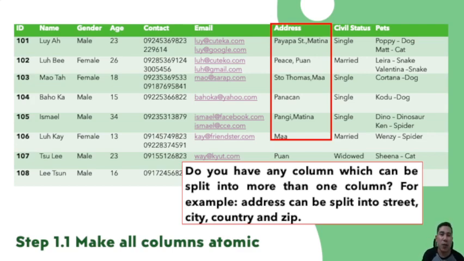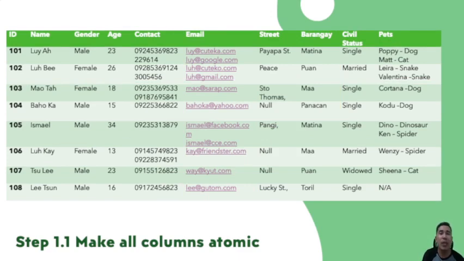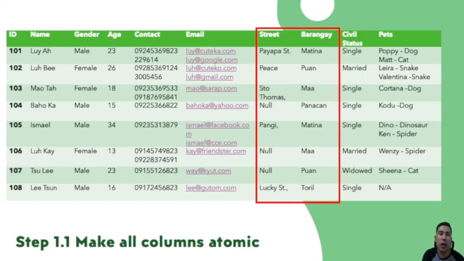So we'll need to make sure that this address field should be split into 2 fields. It could be street or barangay, and we can split them further, but we will stop from here.